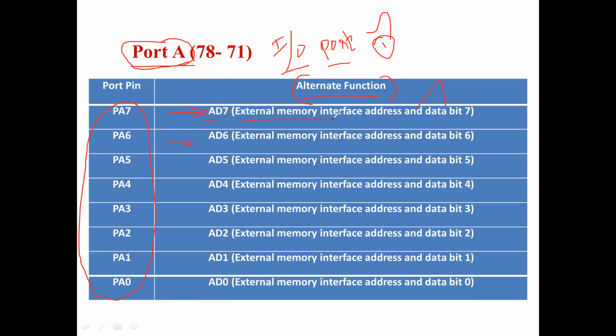Through external memory you can receive data and send data. So through this particular pin, as an alternative function, you can provide the address of an external memory location. Address means a particular location.